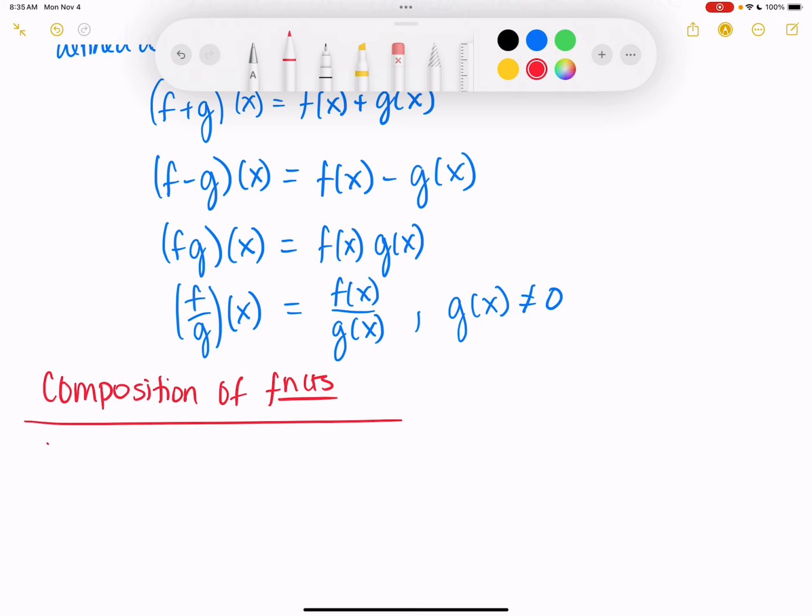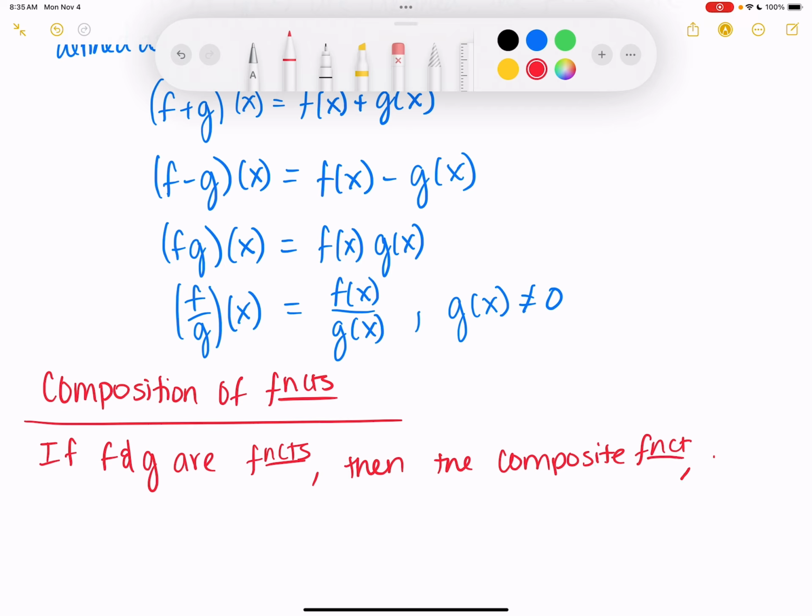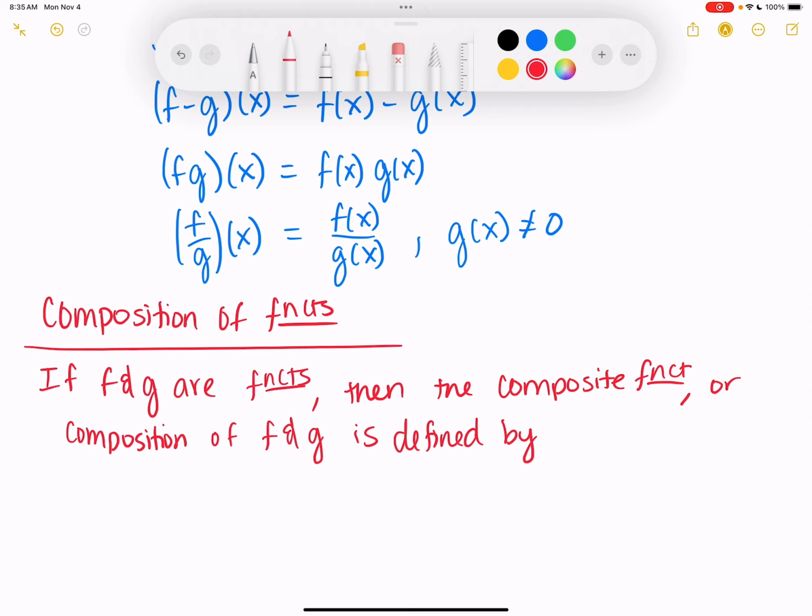Composition of functions. If f and g are functions, then the composite function, or composition of f and g, is defined by, so there's a couple different ways we can write it. f with a little o looking thing, so it kind of looks like f o g.